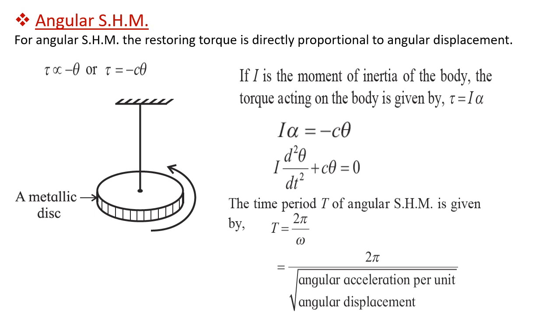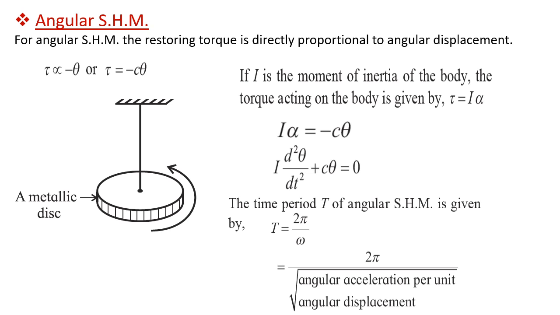So mathematically we can express angular SHM as tau proportional to minus theta. Here tau is the torque, and theta is the angular displacement. So torque is proportional to angular displacement, but the negative sign indicates that they are oppositely directed to each other.